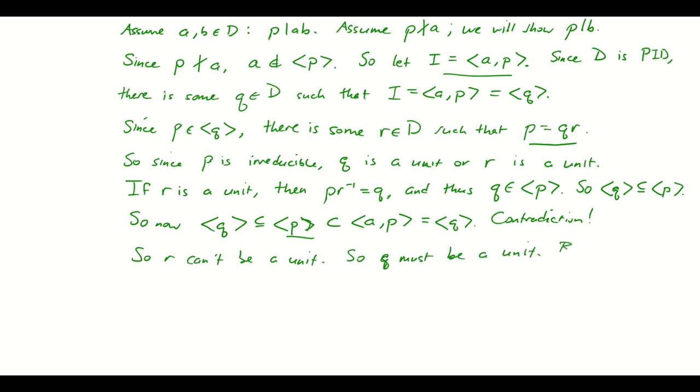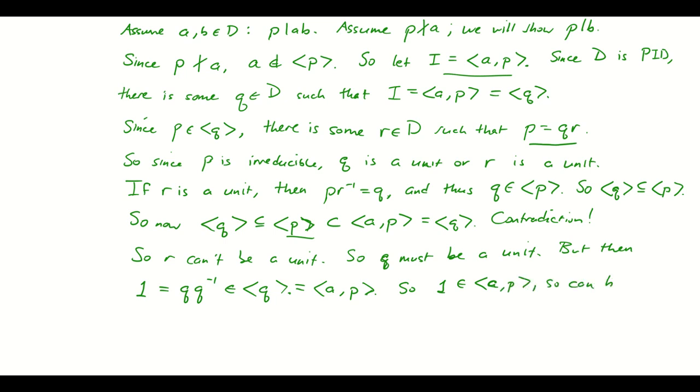All right, but then that means that 1 has to belong to the ideal generated by Q because 1 is equal to Q times something. If Q is a unit, it has a multiplicative inverse. So that belongs to the ideal generated by Q. But that ideal was equal to the ideal generated by A and P. So 1 belongs to the ideal generated by A and P.